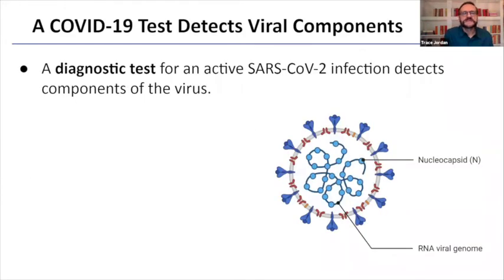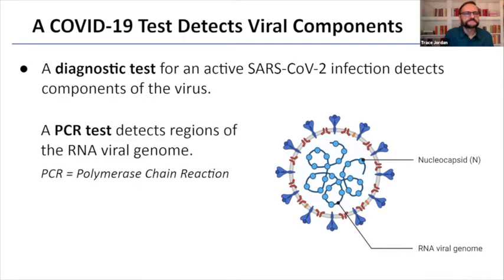So a diagnostic test for an active SARS-CoV infection detects various components of the virus. And I've highlighted those two components here in this diagram as a reminder of our discussion of the SARS-CoV structure in earlier slides.